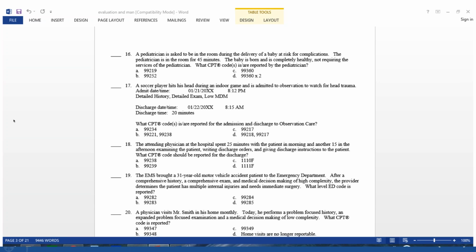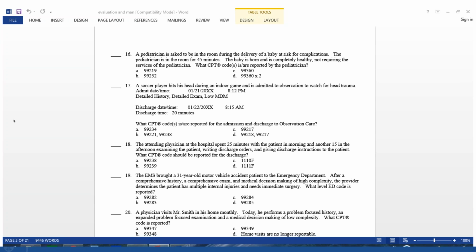Now I need to see what's going on when he's seeing her at home, what kind of visits, so I know to look for my key components. So they say today he performs what? A problem-focused history. Okay, what else? An expanded problem focus examination. Whoop, that puts me at another level, right? Now I'm at 6.